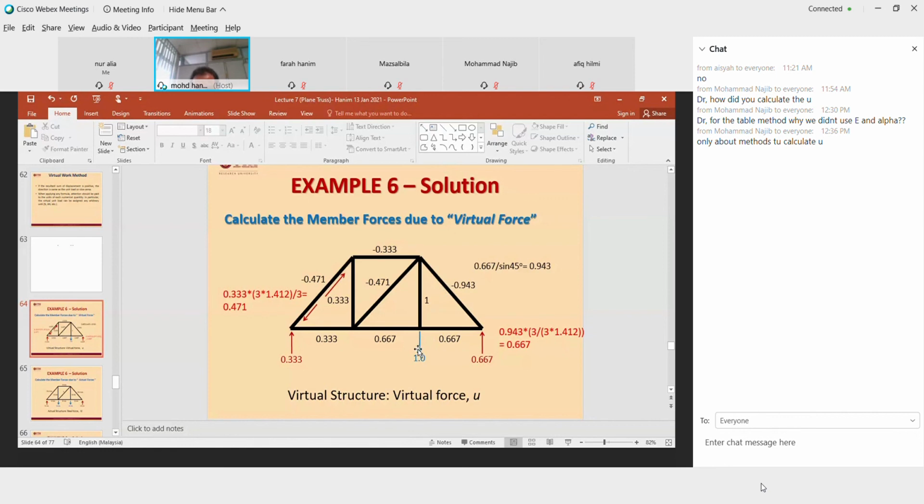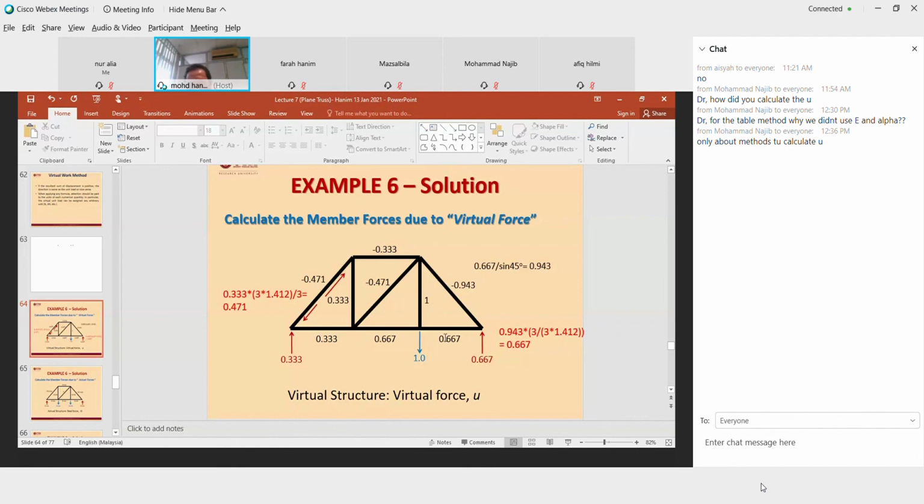Therefore, do you remember when you were doing bending moment and shear force diagram? You use ratio, is it 1:3? So this one should be 2/3, because the distance here is 2 parts, and this one is 1 part. So this one should be 0.333.